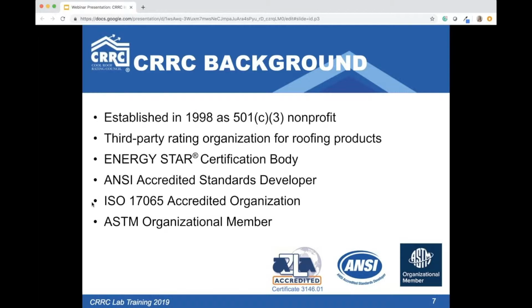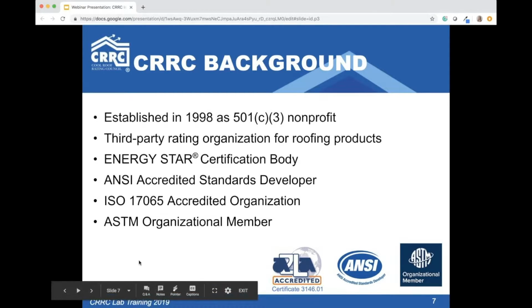And we're also an ASTM organizational member. One of my other responsibilities is actually attending ASTM D08 committee meetings. And we have our eye on a couple other committees for the test methods that we reference in our program.